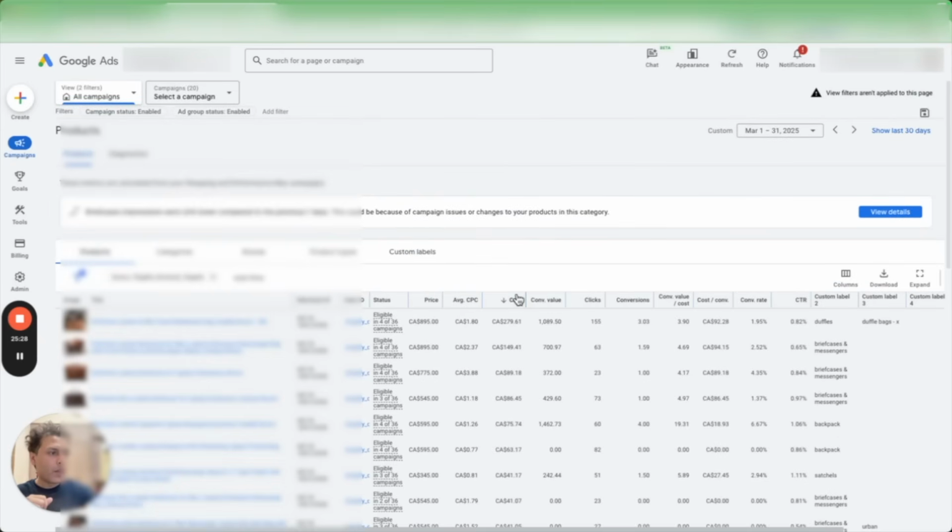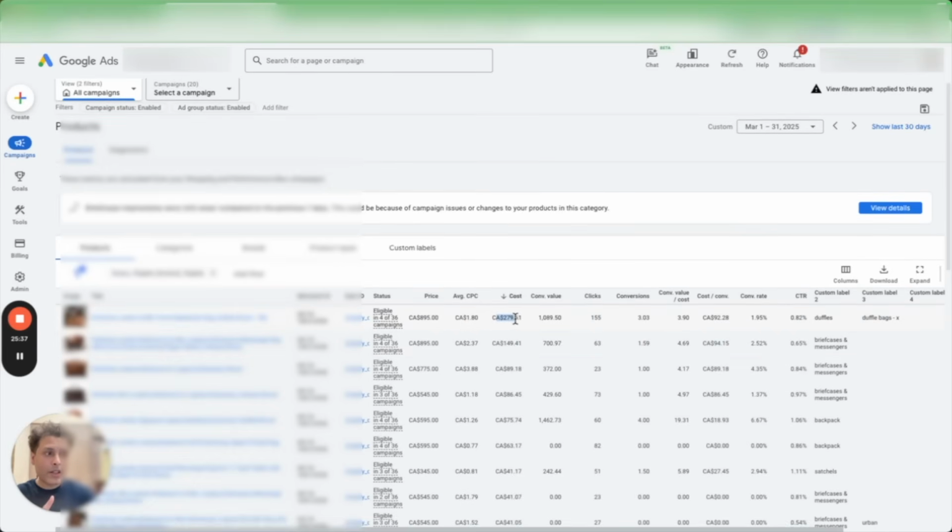And then in this specific case, we can clearly see that the duffel bag that I've already mentioned has spent the most money, like $279, and it has not got us great results, like $1,000 with a ROAS of 3.9, where the client goal is 6. In order to achieve that goal, which is not a very good goal, I would say, because when you have a goal that is set to a ROAS, then you are skipping all of those sales that are getting you sales.